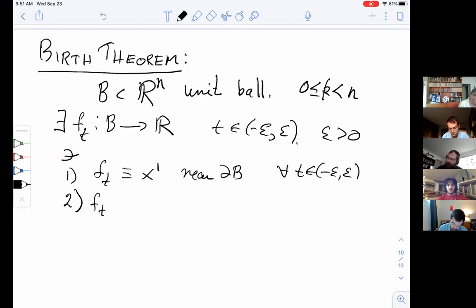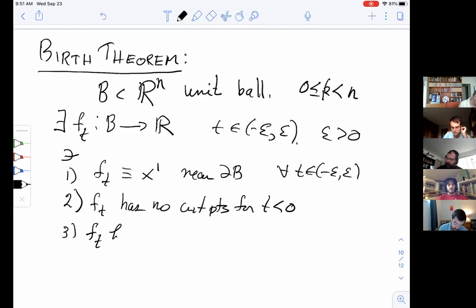Secondly, f_t has no critical points for t less than 0. Third, f_t has 2 critical points, p_t and q_t, for t greater than 0.